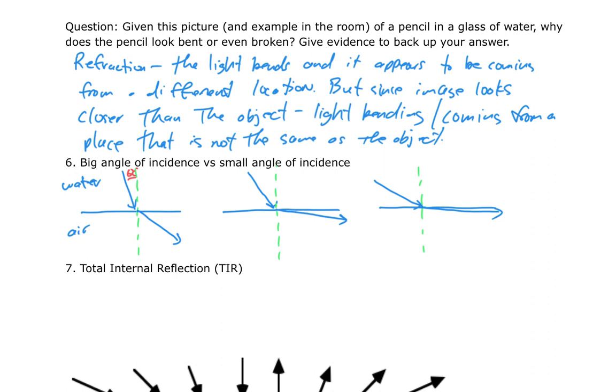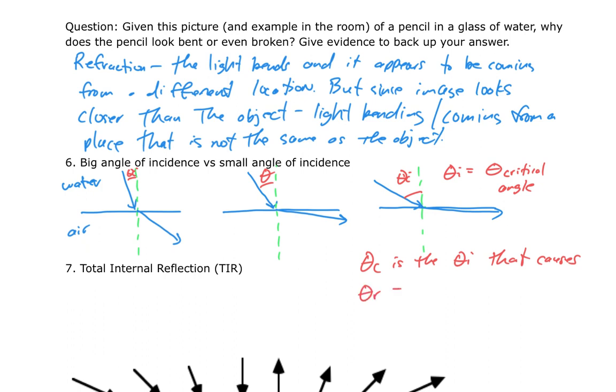So this is our theta I. Right here, we're going to say that theta I is equal to a critical angle. And we're going to define that, okay? The critical angle is the theta I that causes theta R to equal 90 degrees.